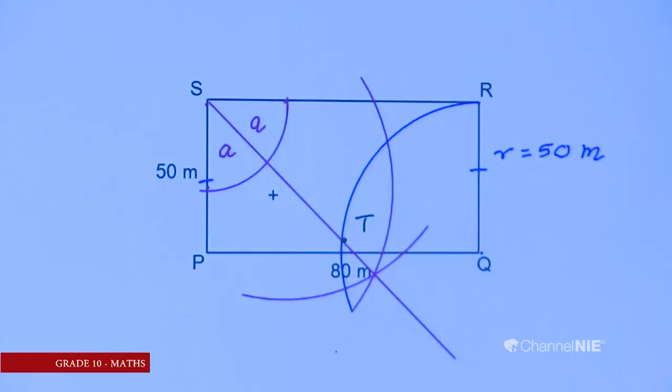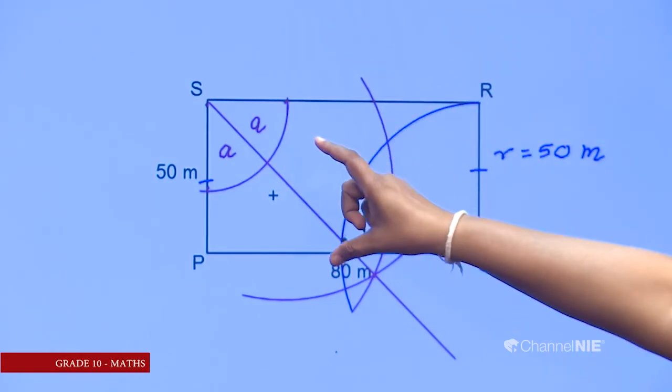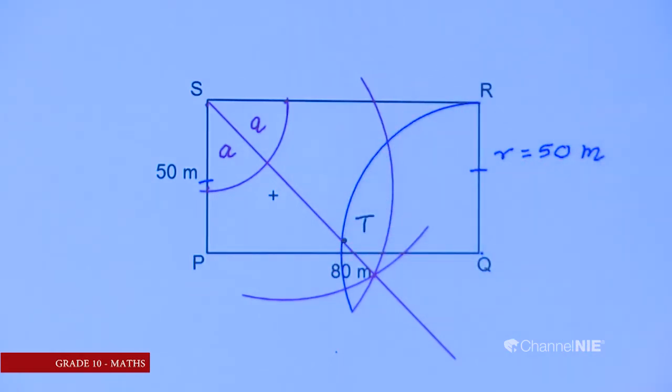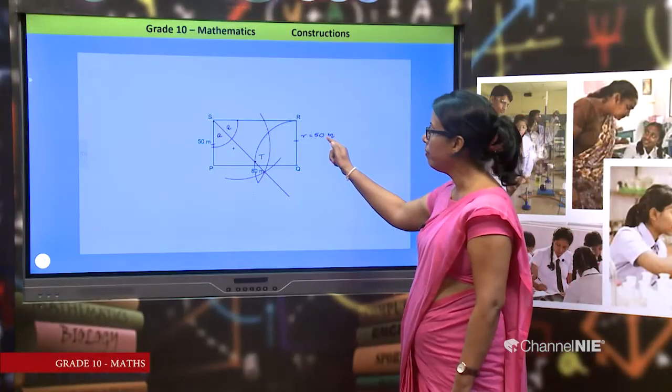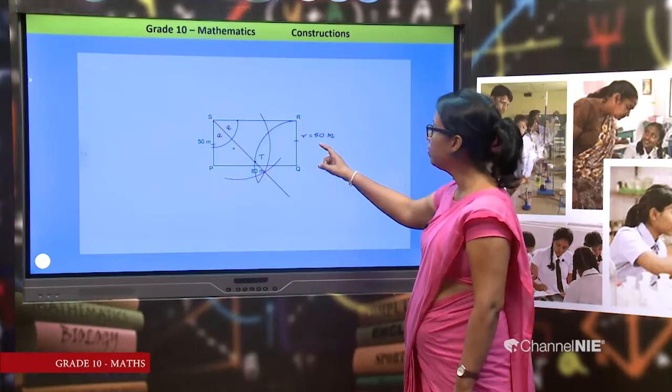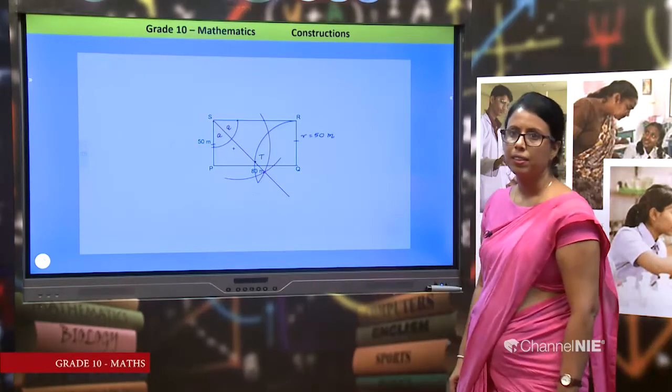We don't want to measure centimeters. By taking the data, that is 50 meters. PS is 50 meters. So, QR is also 50 meters. So, remember to mark 50 meters. So, the radius of the whole circle or this arc is 50 meters.